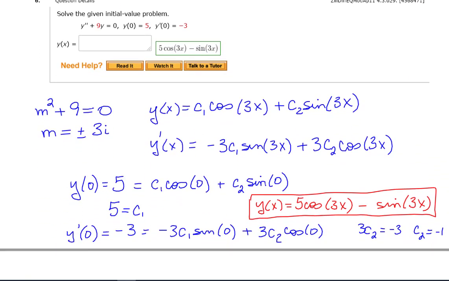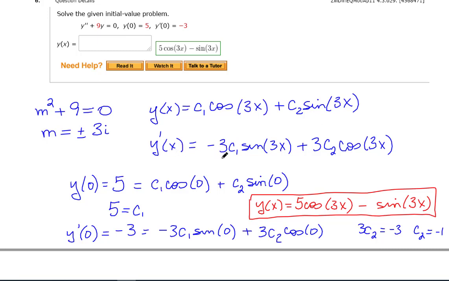All right, in this question we have m squared plus 9 equals 0. That gives me m is plus or minus 3i. And so I get y of x is c1 cosine 3x plus c2 sine of 3x.